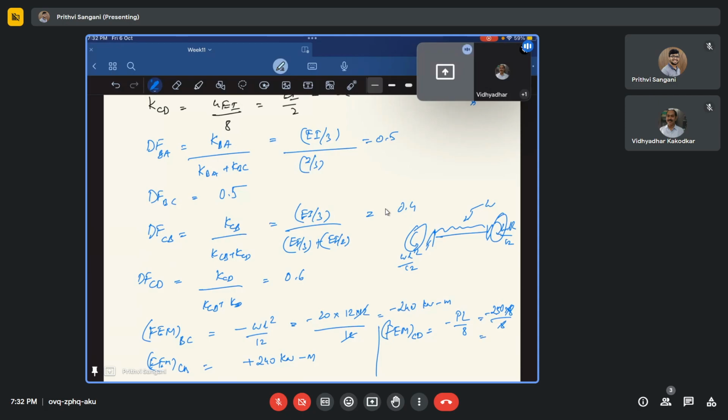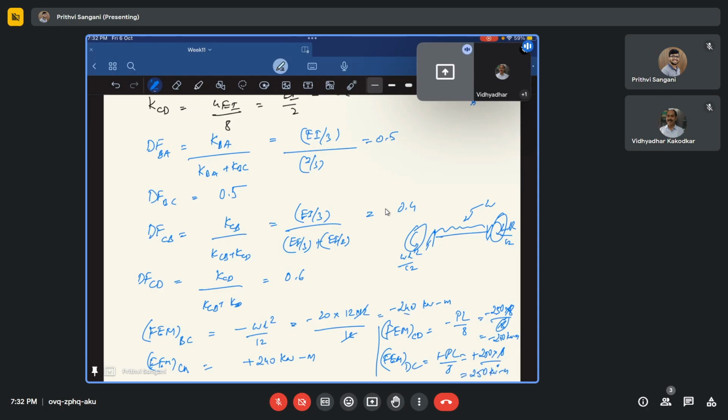Now maybe you might have understood why I have taken length as 8, so that it will be easy for calculations. Anyways, minus 250, and FEM DC is going to be plus PL by 8, so this is 250 kilonewton meter.